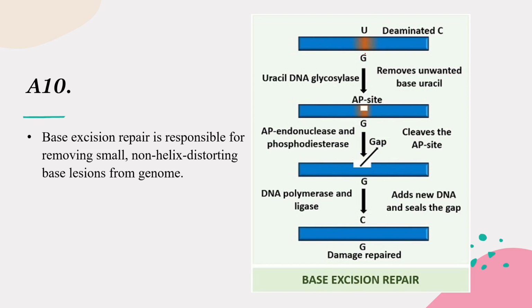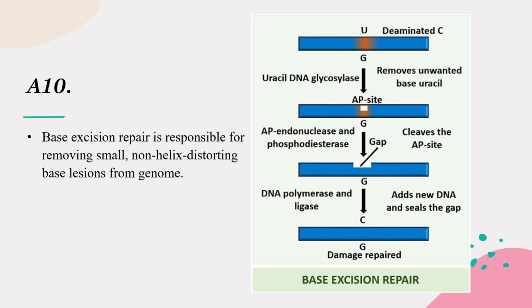It will remove this deaminated C, because G should pair with C, right? Guanine should be paired with cytosine. If deaminated cytosine, that is uracil, is present here, it is not forming any hydrogen bond, so that's why it is called a DNA lesion. To repair this, uracil DNA glycosylase will be present here and remove the unwanted base uracil, because we need C here, not U. It will produce one AP site.